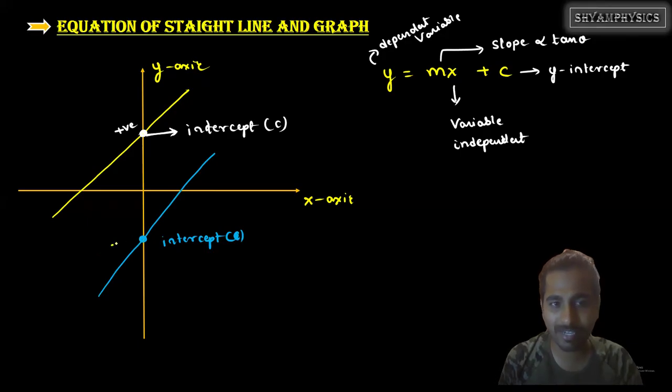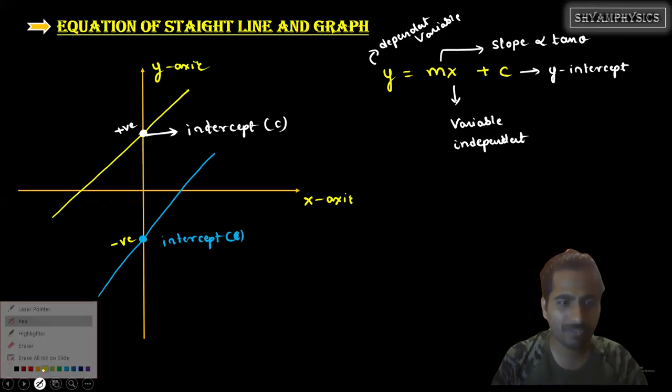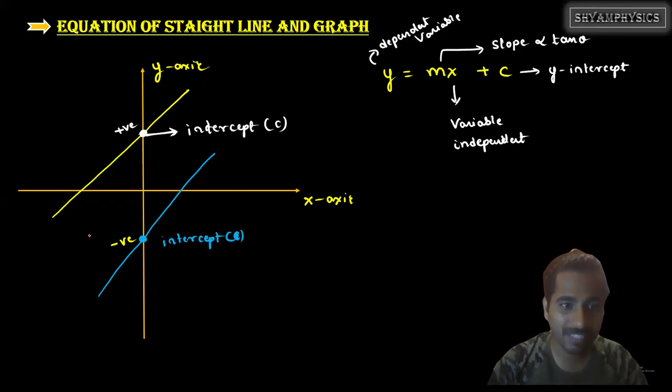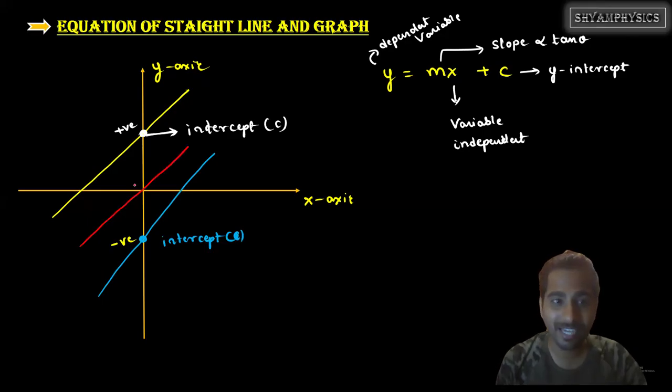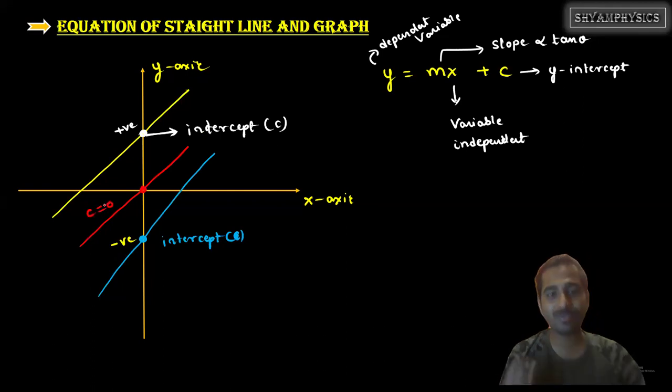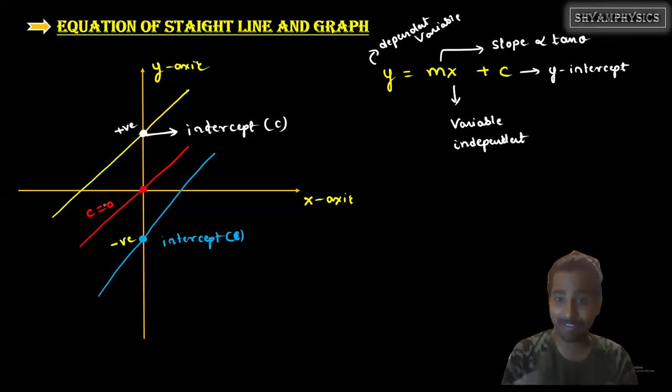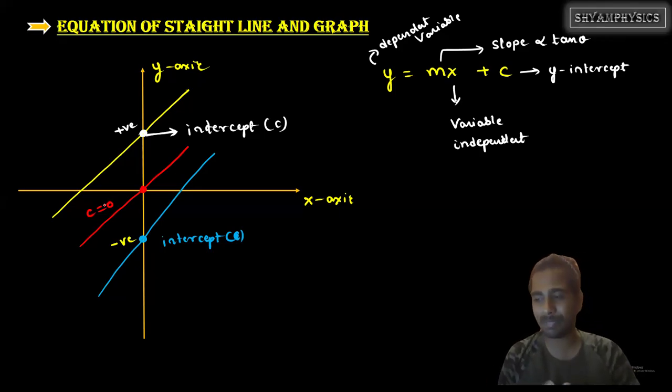Obviously it is cutting the y-axis below, so it is a negative value. What if the line passes exactly through the origin, through 0? At this condition, the c value is equal to 0. Like that we have some variations, and based on that I will explain bit by bit how the graph will look.